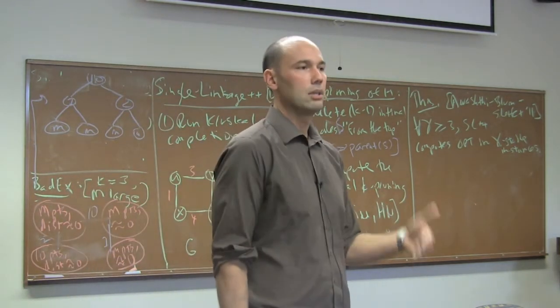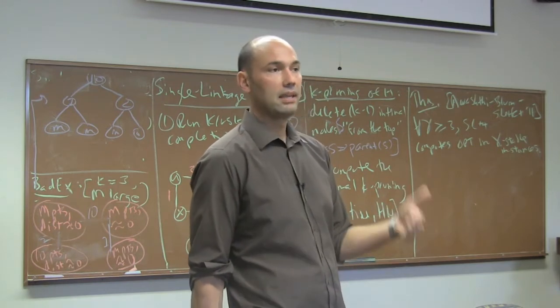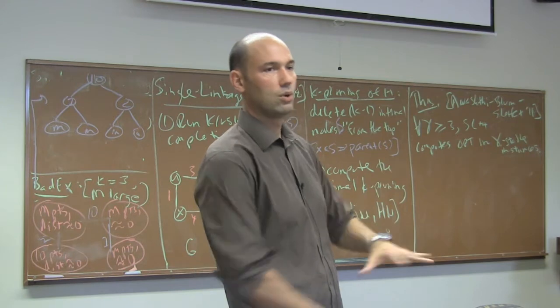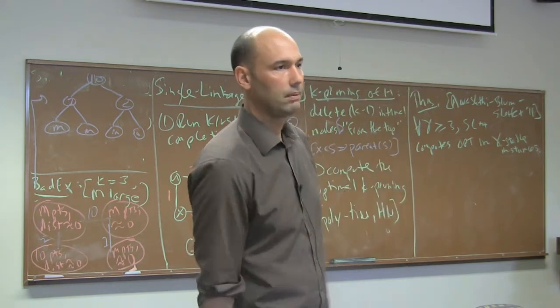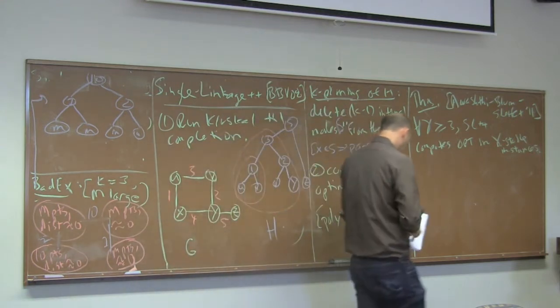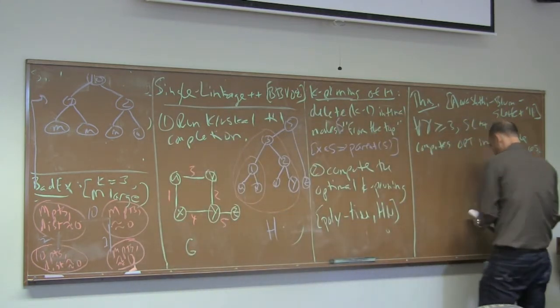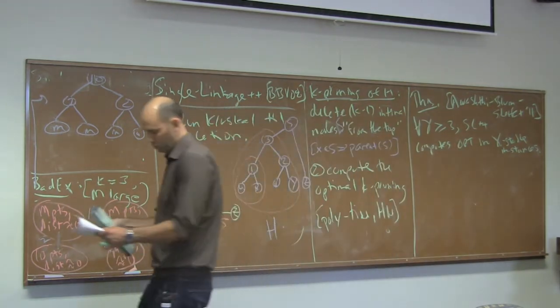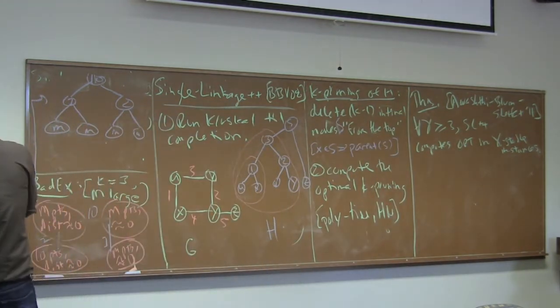So no algorithm can get below 2. We know algorithms that can get 1 plus root 2. This algorithm gets 3, and that's as good as this algorithm does. So that's what we know about this question. Good. So let's turn to proving this.